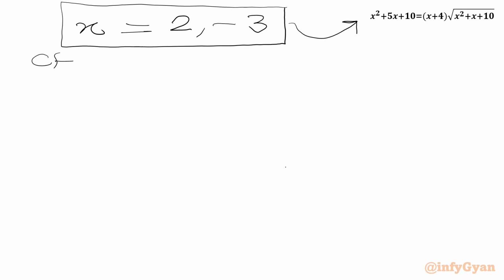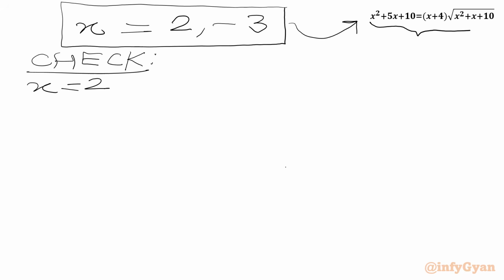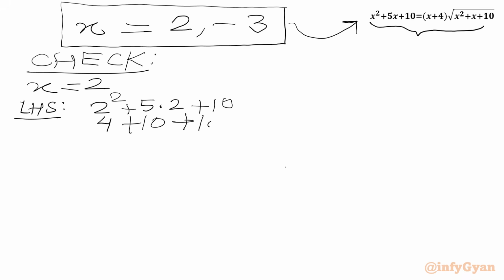Now we can easily check whether they are satisfying or not. So if I check x equal to 2, the equation is written here. So I will begin with LHS. x square, so I will write 2 square plus 5 times 2 plus 10. So LHS is 4 plus 10 plus 10, 24. LHS is 24 for x equal to 2.